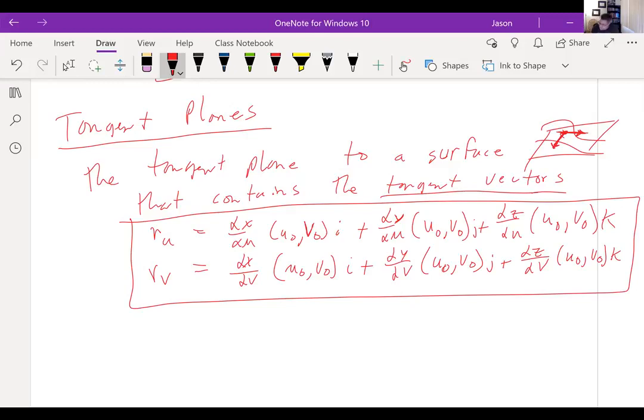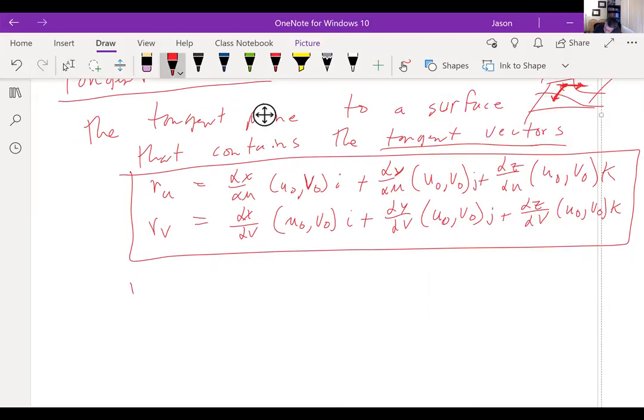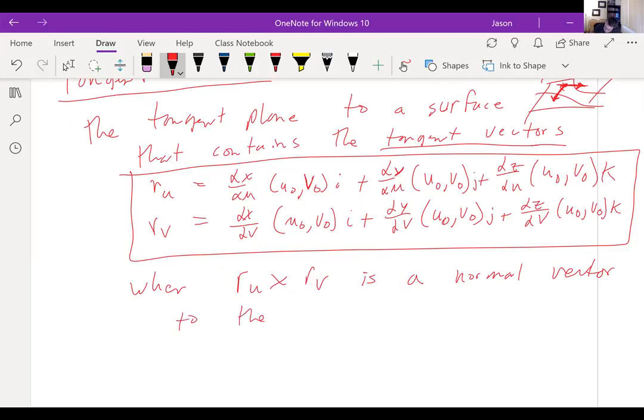So tangent vectors, where r_u cross r_v is a normal vector to the tangent plane.